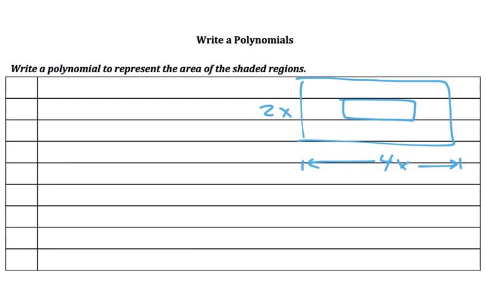So there's an extra step in a lot of geometric equations and a lot of geometric drawings, where you may have to look at it for a moment and see what's conventional to figure it out. Now this inside length is going to be 2x, and this inside width is going to be x.